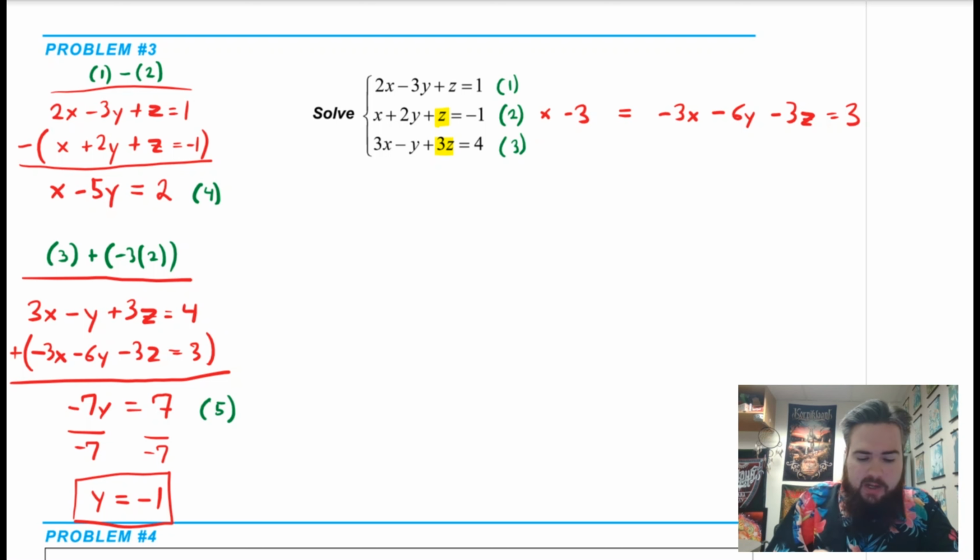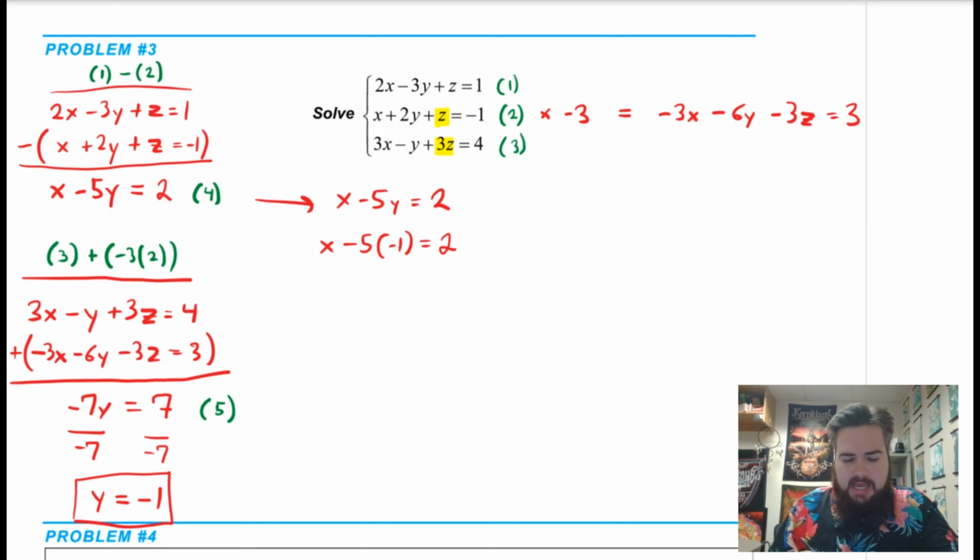So I'm going to take equation number 4 again, x minus 5y equals 2, and plug in negative 1 in place of y. That will give me x plus 5 equals 2. And then I can solve for x by subtracting 5 and get x equals negative 3.